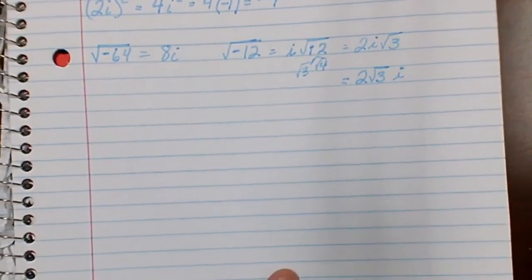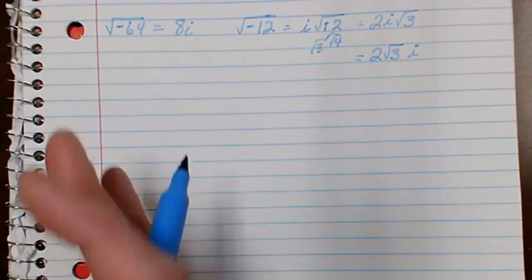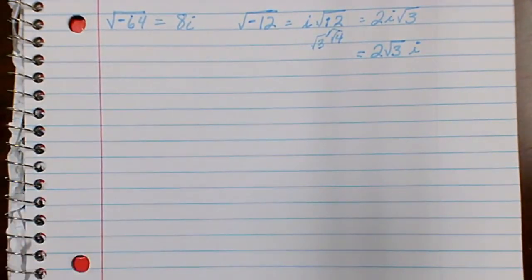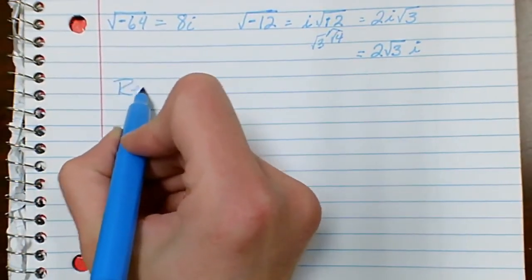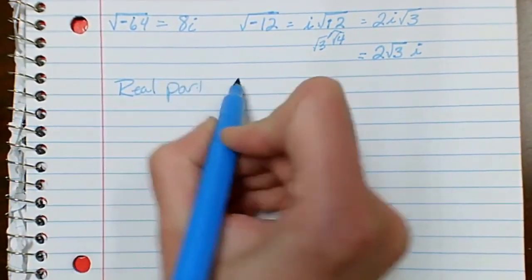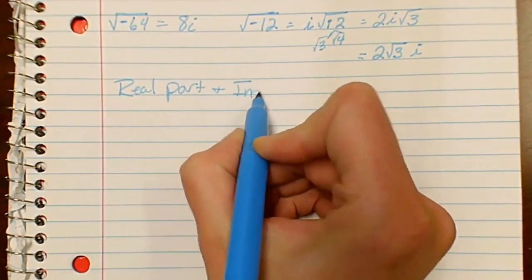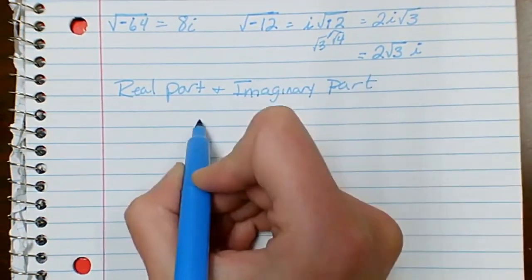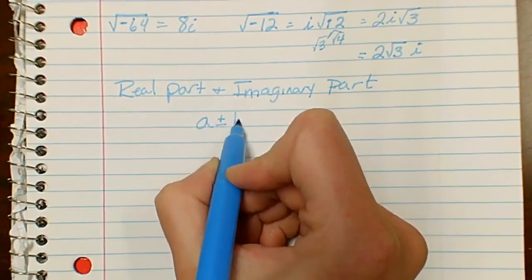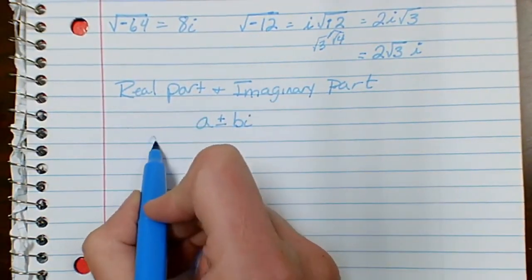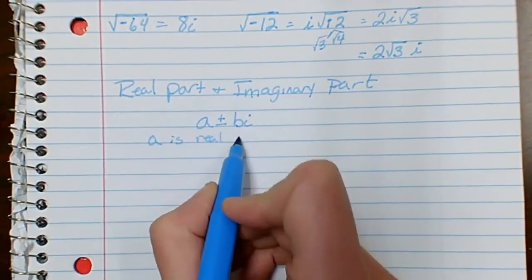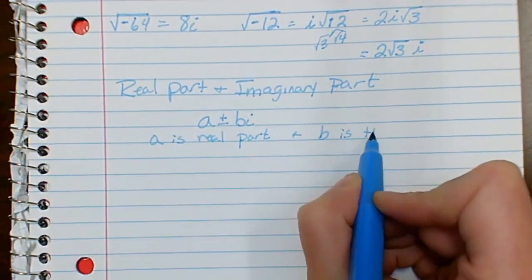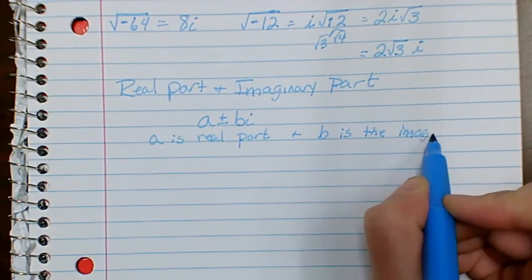Then when we get into complex numbers, that was i, or the imaginary number. When we get into complex numbers, we have a real part and an imaginary part. So we have a plus or minus bi, where a is the real part and b is the imaginary part.